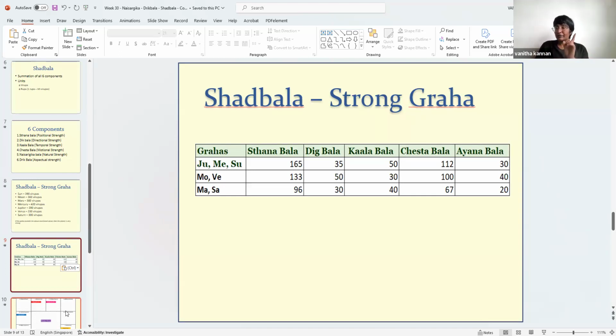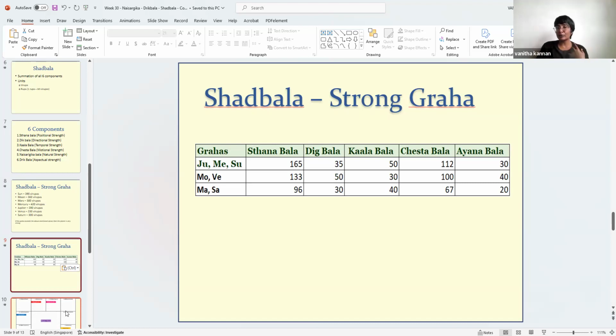Same goes for the Drikbala: Sun, Mercury, Jupiter having at least 35 is considered strong. Kala Bala 50, Shadbala 112, Ayana Bala 30. If all match, then Sun, Jupiter, and Mercury are in a good position.